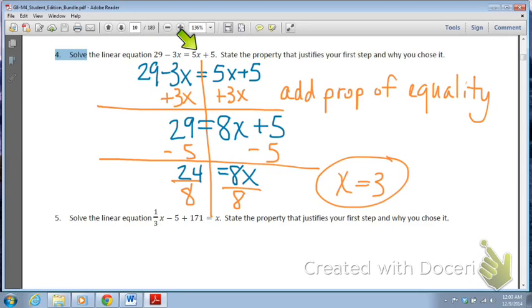And then looking at the right-hand side, 5 times 3 is 15, plus 5 is 20. So by putting in x equals 3, I get 20 equals 20, and that checks out.